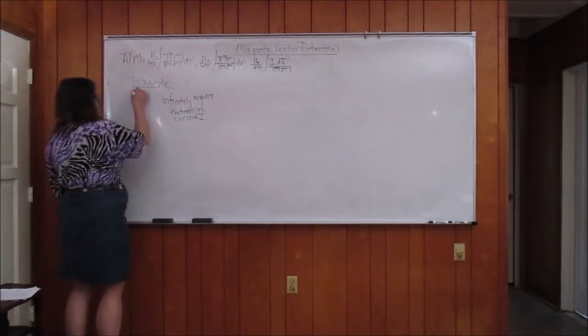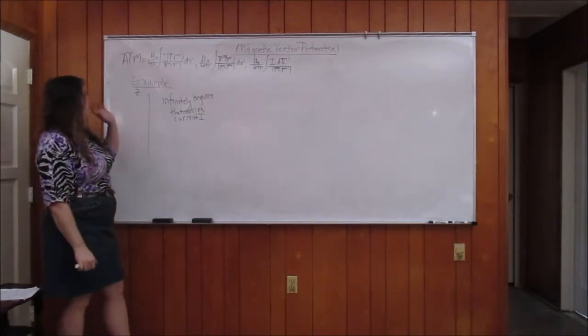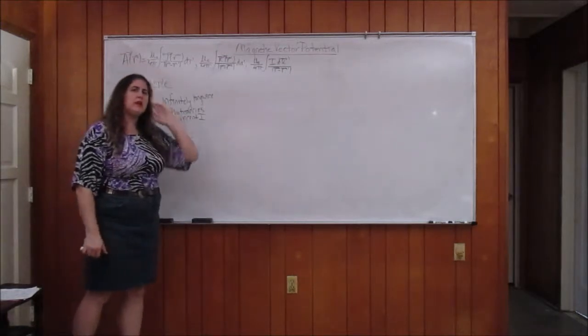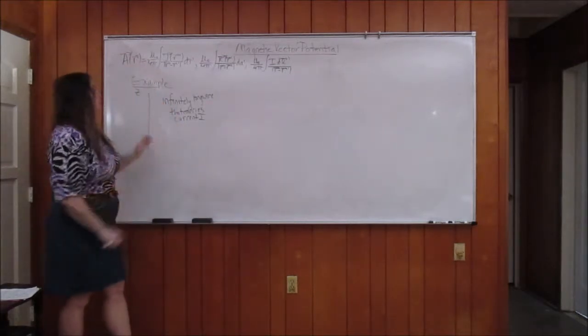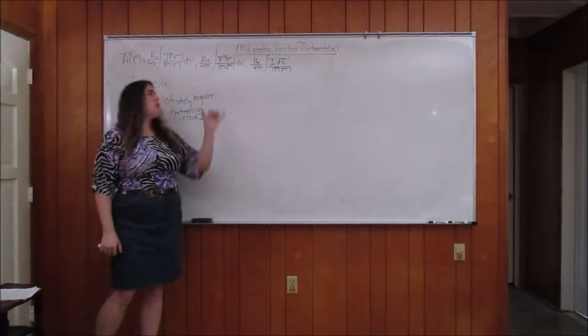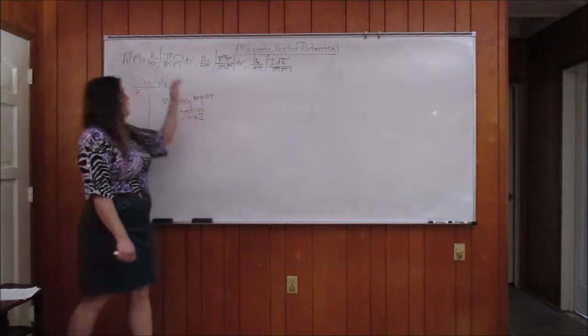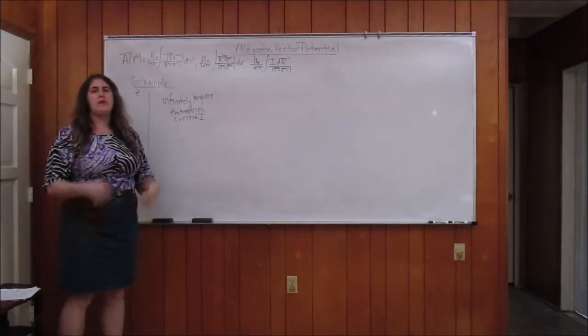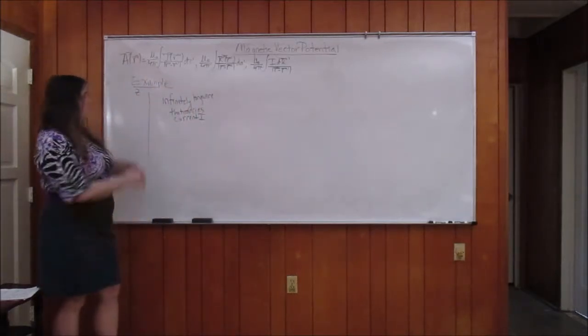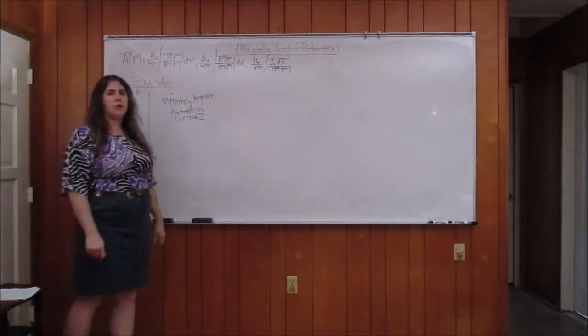And I'll assume that this is lying along the z-axis. Now your first inclination might be, well, I'll just plug it into this expression and do the math. However, just as with the electrostatic potential, you could not use these expressions if you had an infinite charge distribution. You can't use these expressions if you have an infinite current distribution. This goes off to infinity, so this integral is going to blow up.